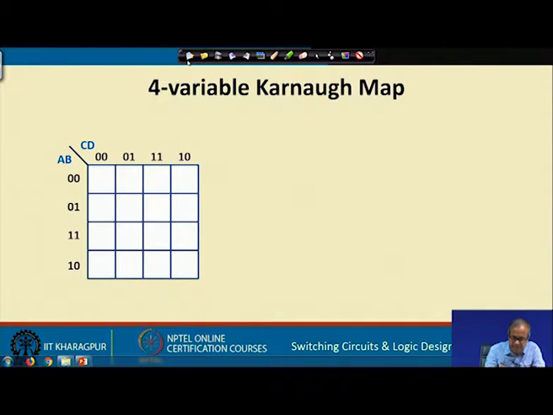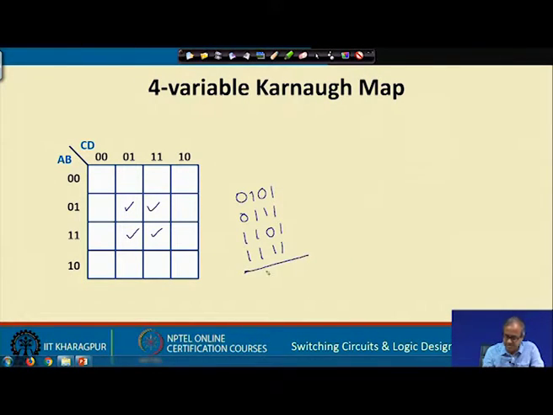The same thing you can extend to a cube of size 4. Let us consider these 4. These 4 correspond to, I am just writing down the binary, 0 1 0 1, then 0 1 1 1, then 1 1 0 1 and 1 1 1 1.